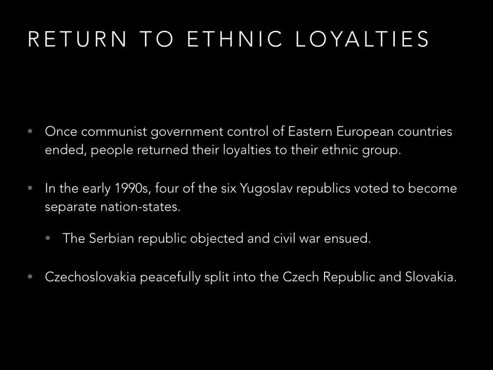The Serbian Republic, one of the main provinces in the country of Yugoslavia, objected to this bid for independence by the other Yugoslav republics, and civil war began. Other countries like Czechoslovakia peacefully split into the Czech Republic and the new country of Slovakia.